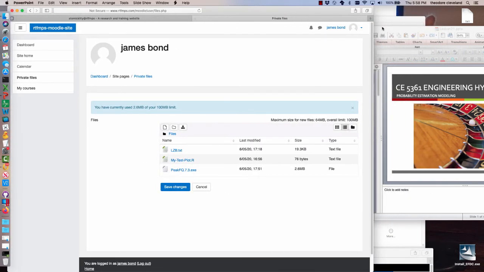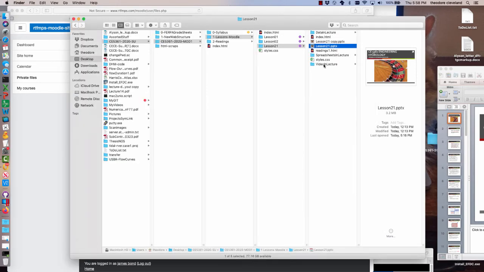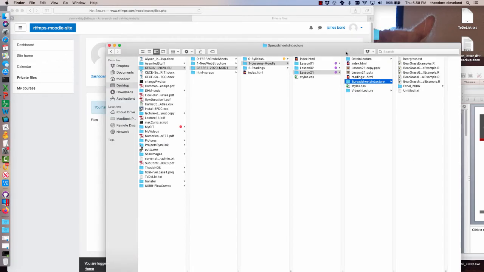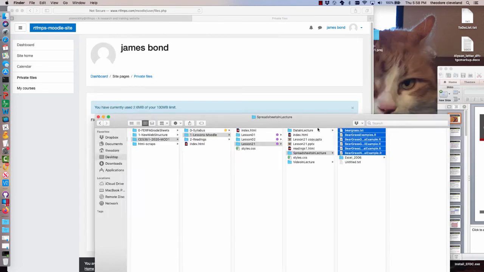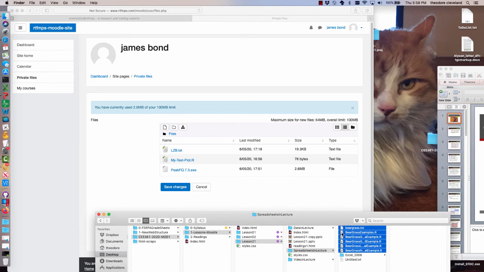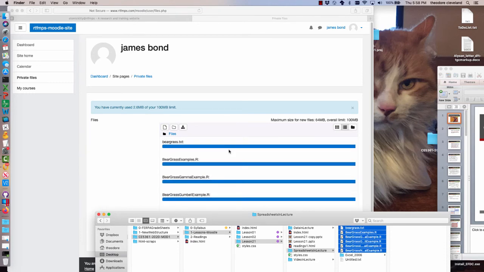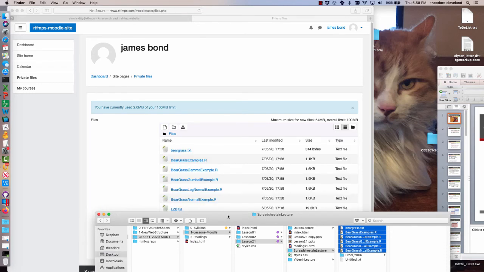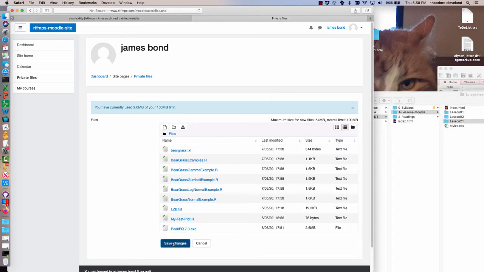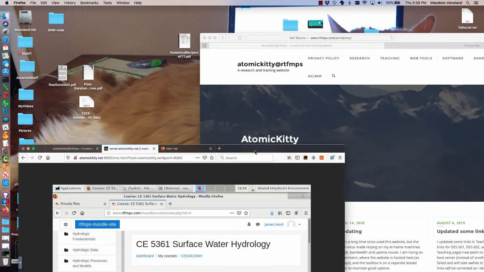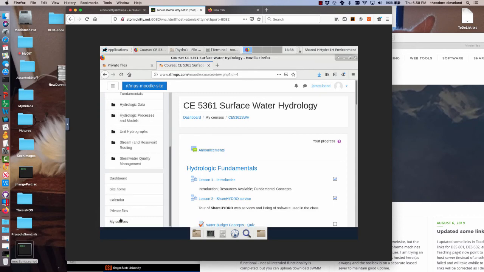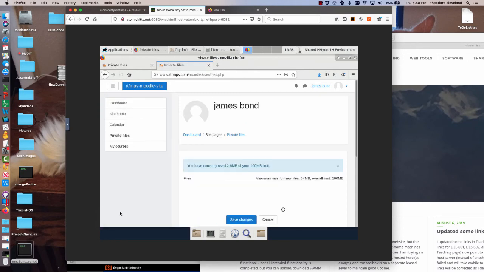Mr. Bond's private files. And I want to actually move all of those. Hope this works. Yay, that's kind of reassuring. Save the changes. Back to here, it should be there. Excellent.